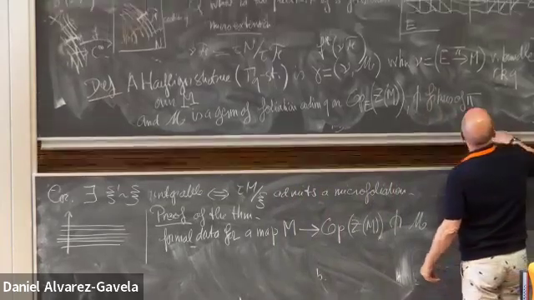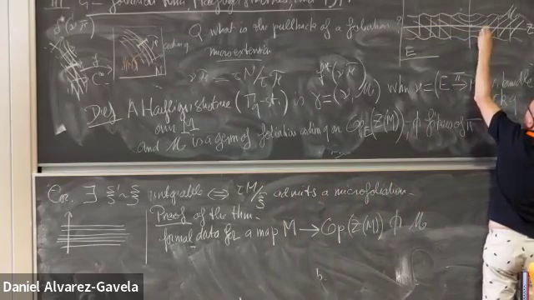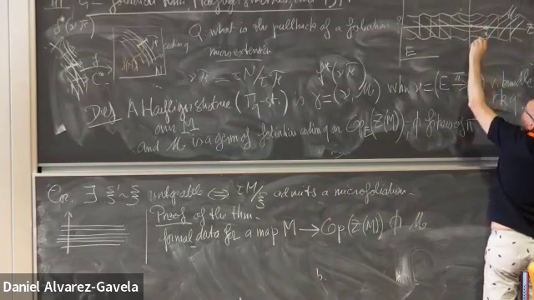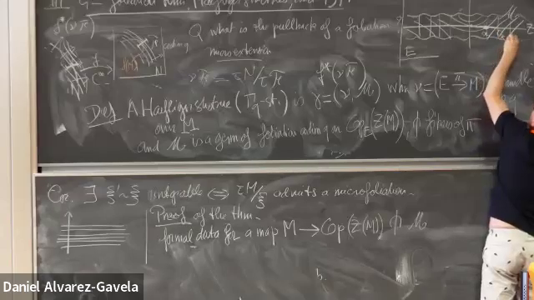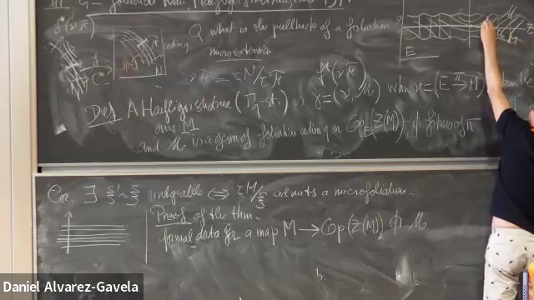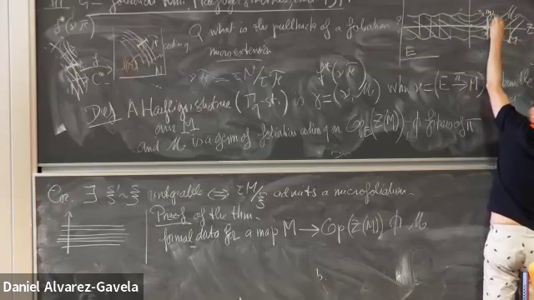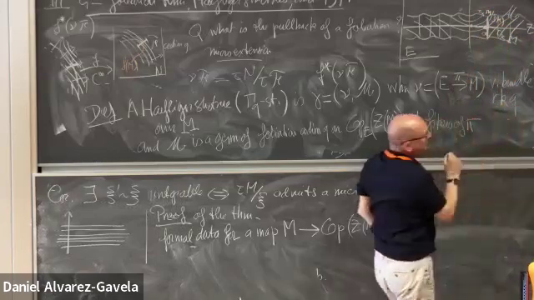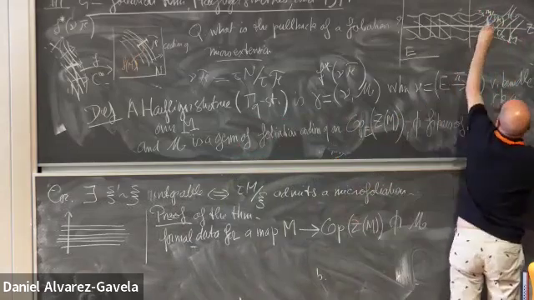Because at every point of M, think of this as the tangent bundle to M at x. And this fiber is also TxM divided by Cx, the quotient. So you have an epimorphism from this to that.